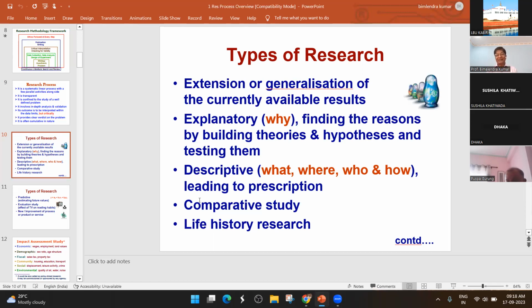So this research is the extension or generalization of the currently available results. You will see, after going through books by scholars like G.P. Malalasekera or D.J. Kalupahana, History of Buddhist Philosophy, Theory of Knowledge, how the research problems have been discussed in those texts.